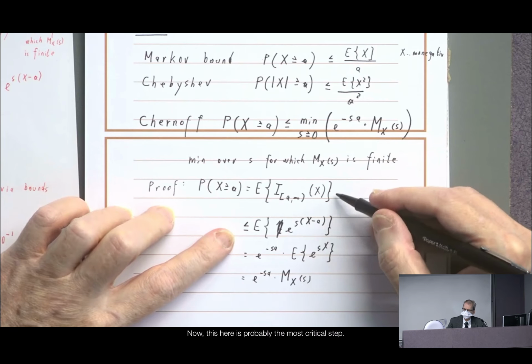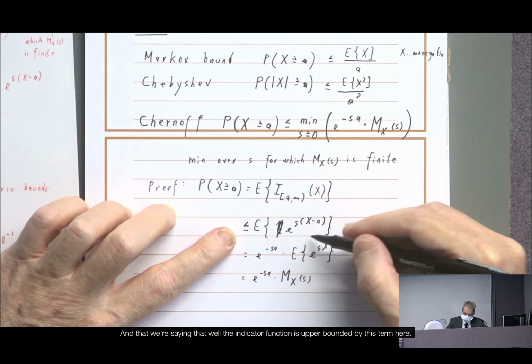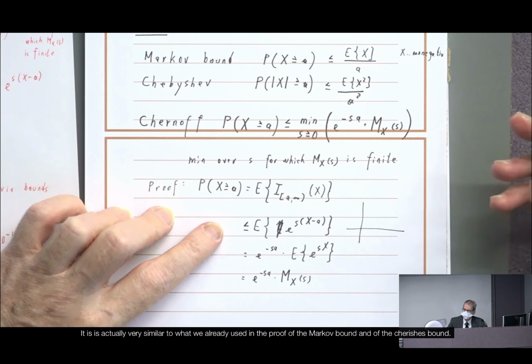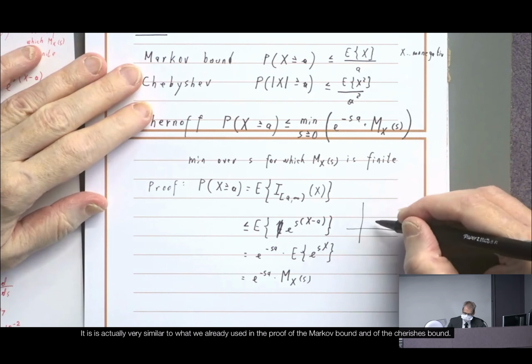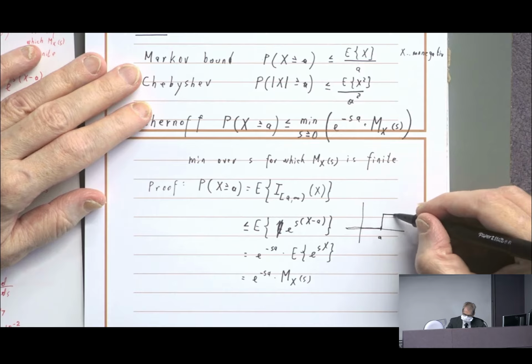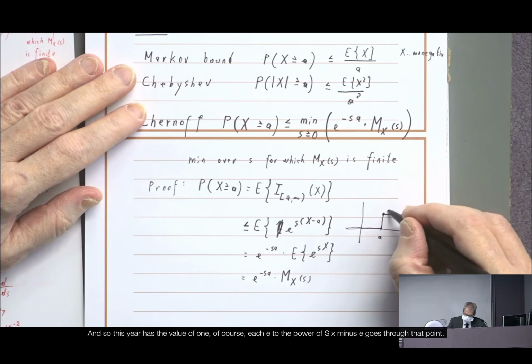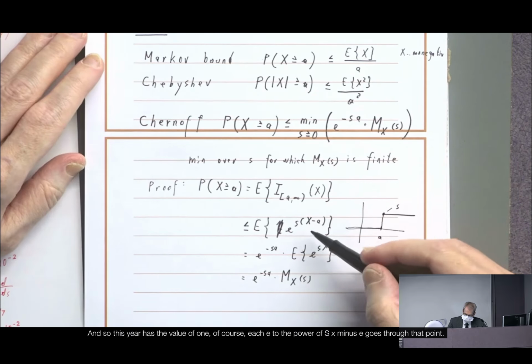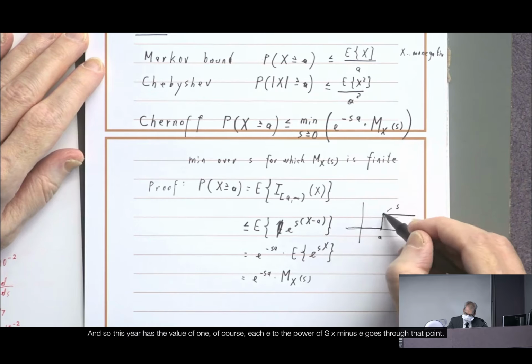Now, this is probably the most critical step: we're saying that the indicator function is upper bounded by this term. It is very similar to what we already used in the proof of the Markov bound and the Chebyshev bound. The indicator function is essentially a step function, and this here has the value of 1. Each e to the power of s(x minus a) goes through that point.